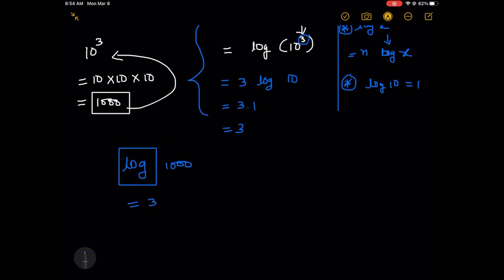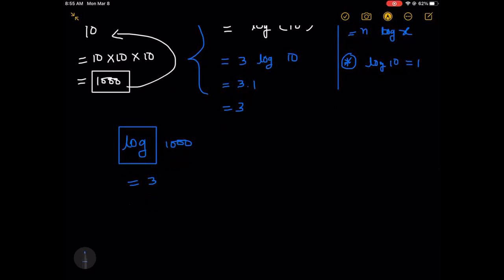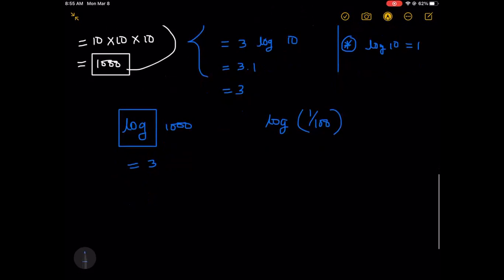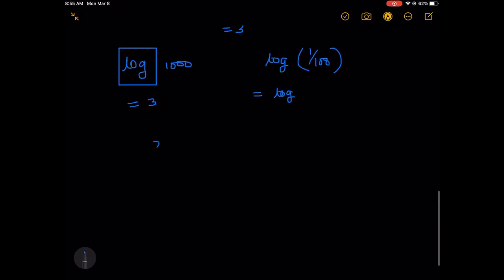Okay, now let's see one more problem. Let's see, log of 1 over 100. So for this one, you can use the property that exponents can be written this way.